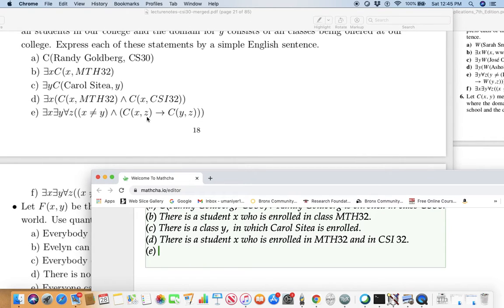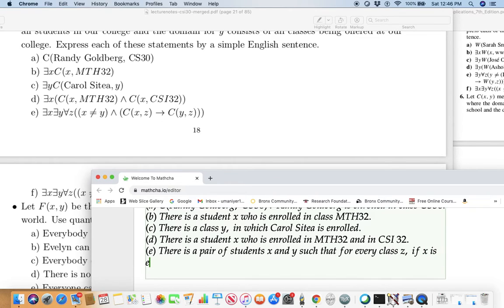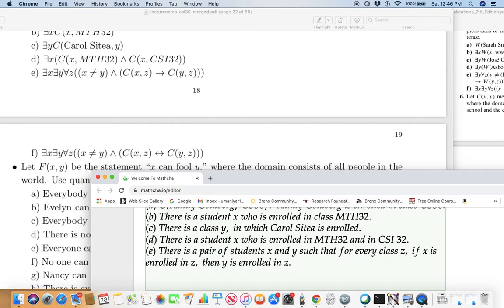If X is enrolled in class Z, then Y is enrolled in class Z. So there is a pair of students X and Y such that for every class Z, if X is enrolled in Z, then Y is enrolled in Z. So if this happens, then that happens.